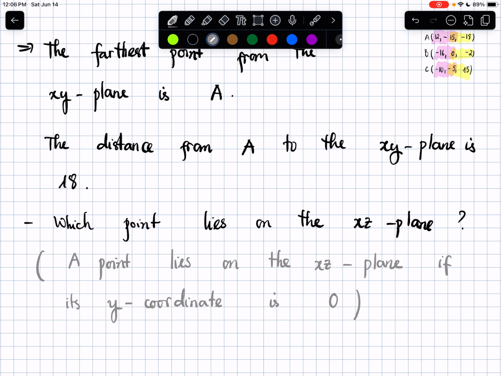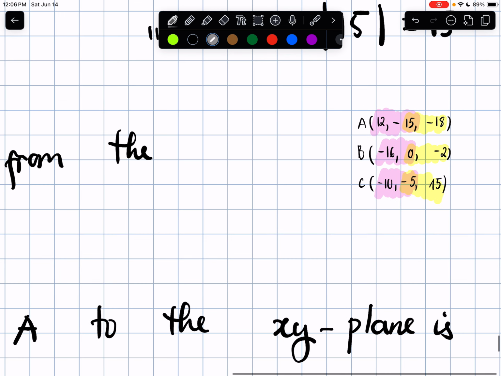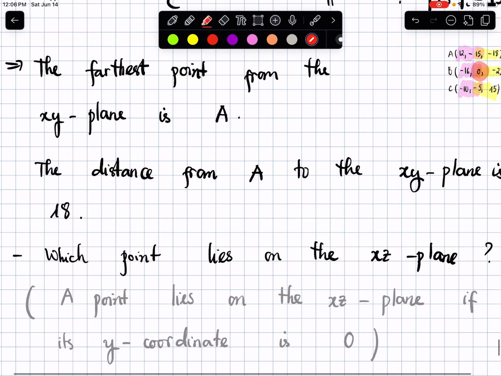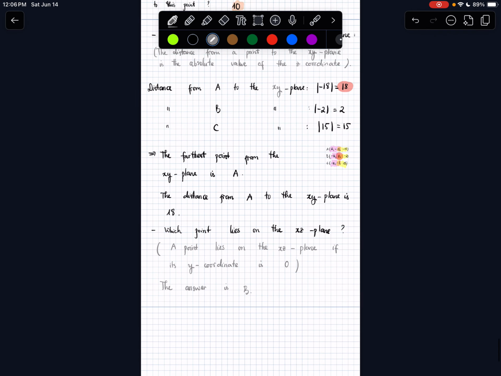So if the distance is 0, then it is on the XZ plane. So among the 3 points, B has y coordinate 0. So the answer is B. Okay, so that's how we do this question.